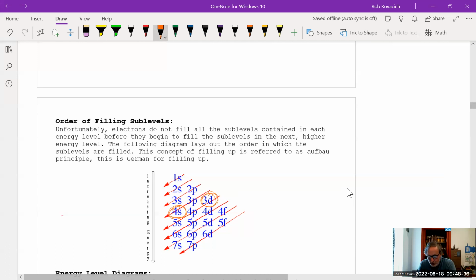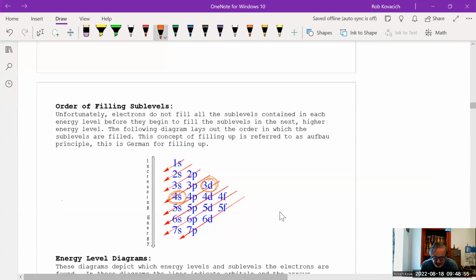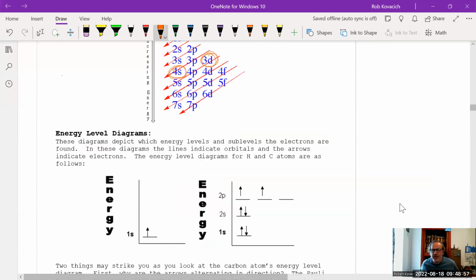Those are further away. You always want to put the electrons closer to the nucleus so they have the least amount of energy. So I put them in the 4s first. Again, I just go off the periodic table and think about those blocks, moving from sublevel to sublevel.